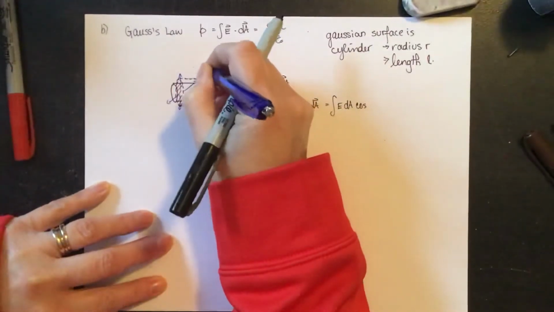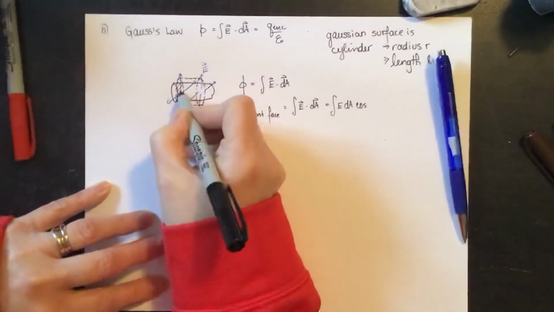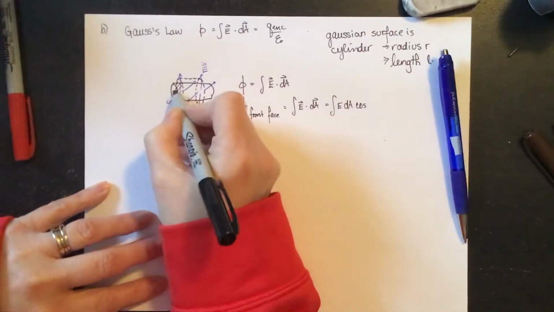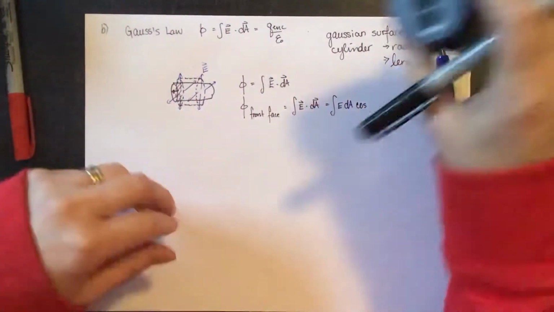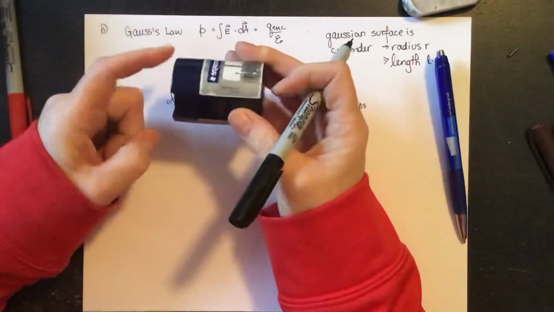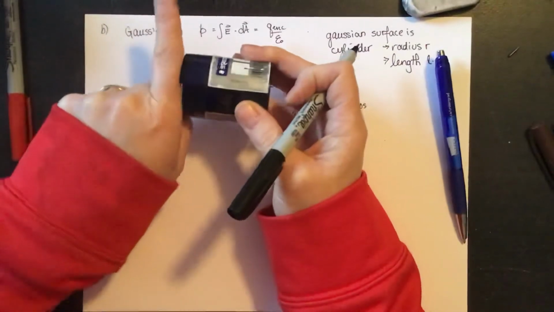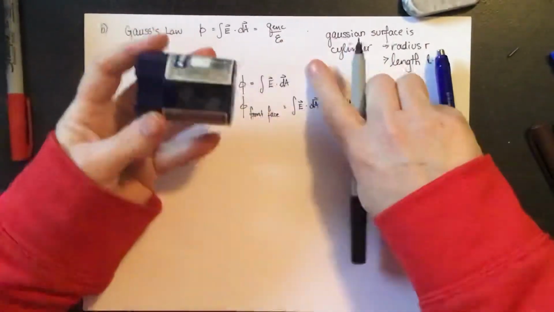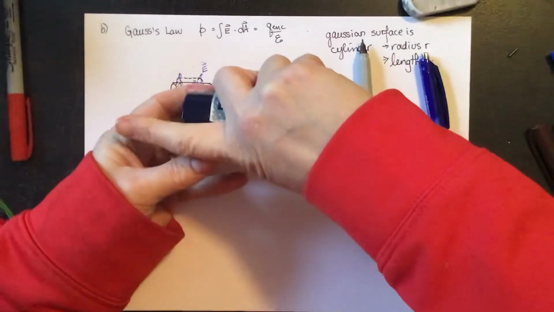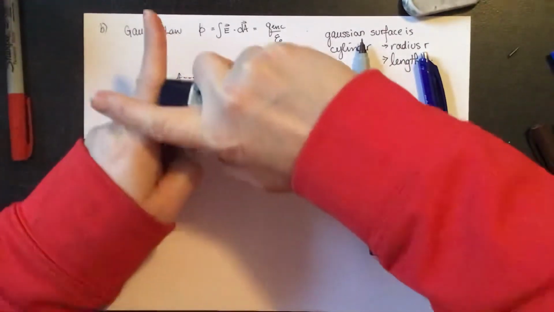Our electric field vectors are radially outwards. Our area vector on the front face sticks out of the front face. It's perpendicular to the electric field. So if this pencil sharpener were my cylinder, the electric field vectors point out from the sides of the cylinder, and our area vector on this face points out this way. So those two things are perpendicular.